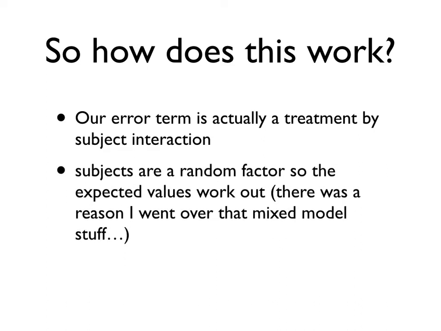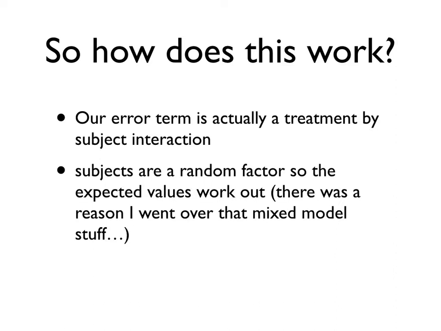Subjects are a random factor, so the expected values work out differently. Remember that stuff I taught just the other day about fixed effects and mixed models, and you were like, why is it telling us this? And he said it never happens. Well, this is the special case where it happens all the time. Subjects are a random factor. Yes, I know I didn't randomly choose you, but it's a lot closer to a random factor than a fixed factor.